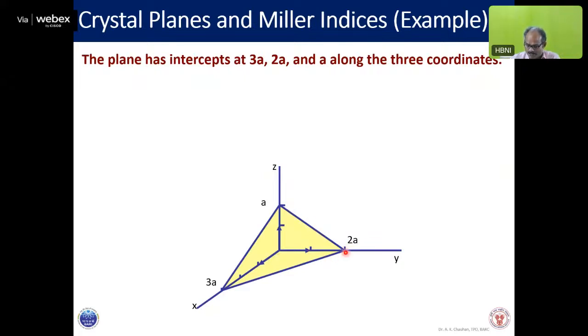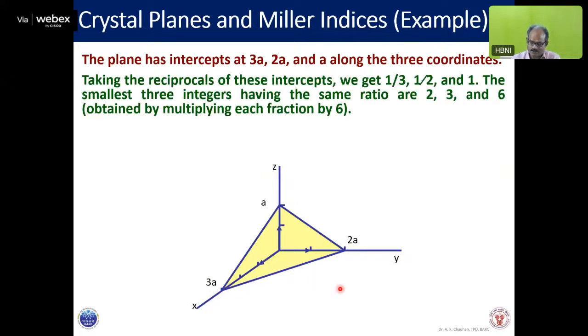This plane is cutting the x-axis at 3a, the y-axis at 2a, and the z-axis at a. If I take the reciprocal, x becomes 1 by 3, y becomes 1 by 2, and z, because it is 1, I can write 1.